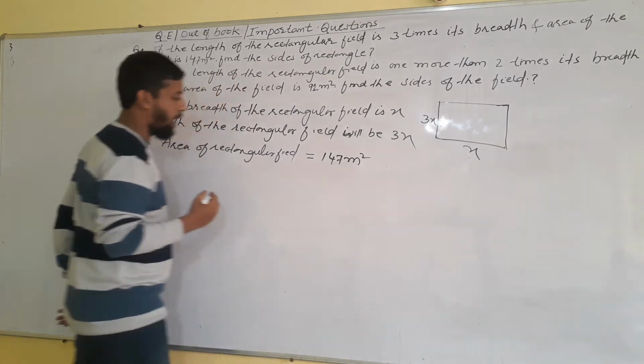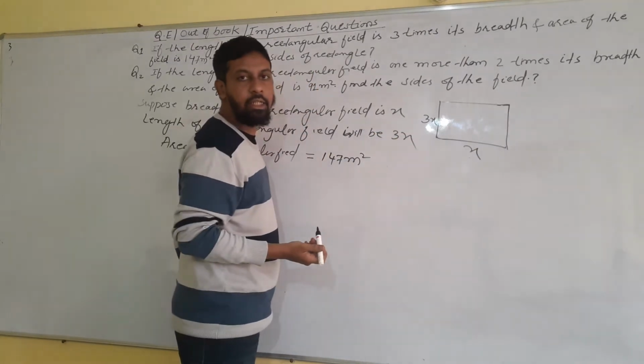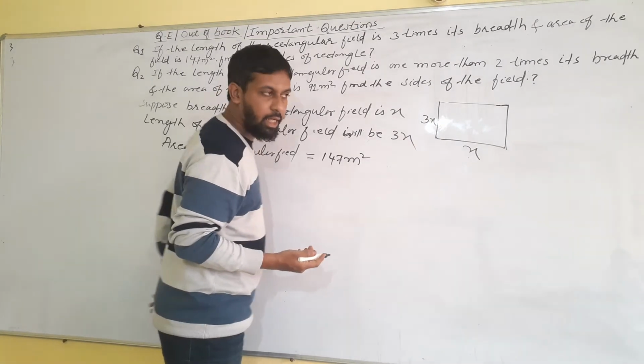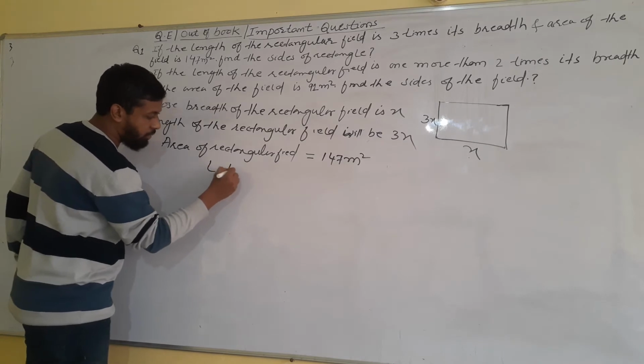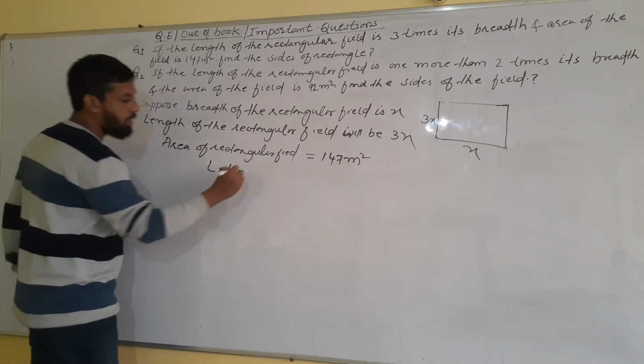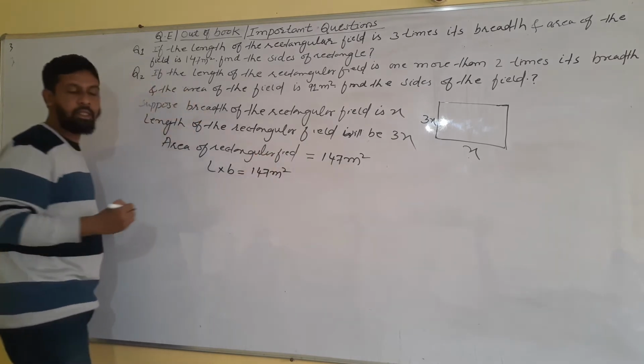Area of the rectangle, we know, is length into breadth. I am writing length into breadth is equal to 147 meter square.